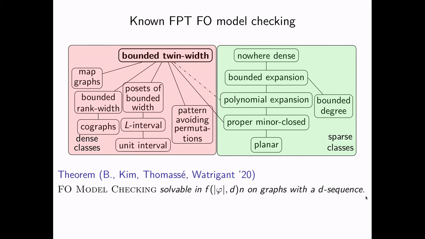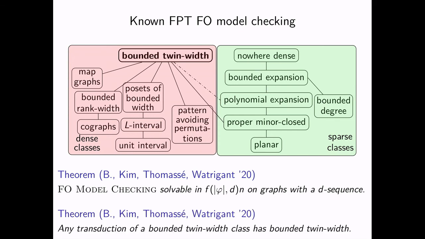So in general, we cannot find an approximation that would give a big-O-of-one sequence, but we should relativize this caveat, because on all the classes, if you remember this list of classes of bounded twin-width, we knew how to efficiently compute a sequence.